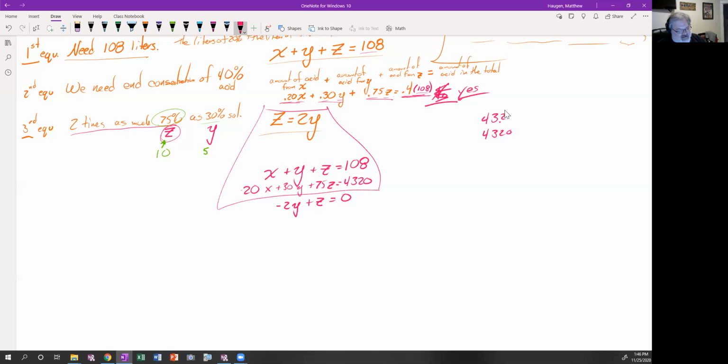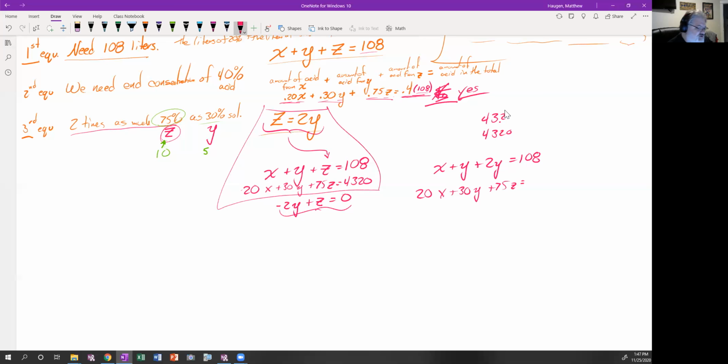I do feel compelled to say, though, I did tell you when doing these, we tend not to use substitution, because usually substitution makes things kind of big and icky. But hopefully you can see this one, particularly in this form, it's just asking to be substituted, isn't it? You're getting x plus y plus 2y equals 108, and 20x plus 30y plus 75z.